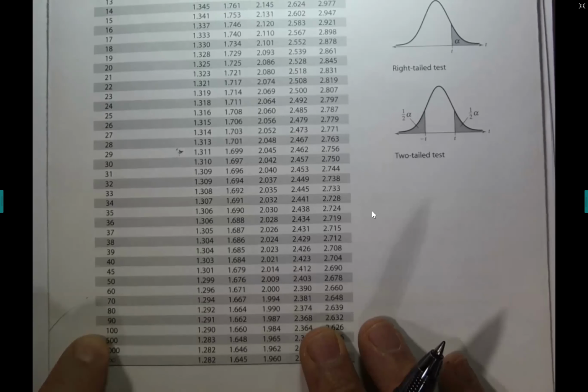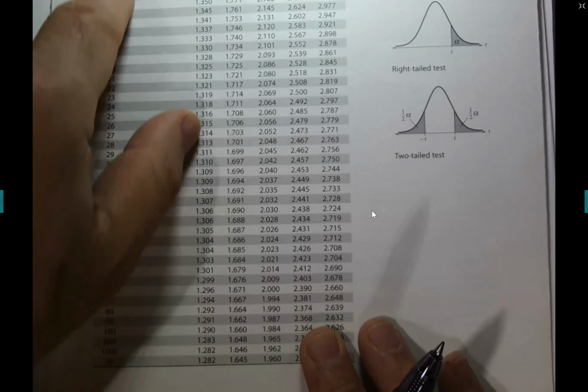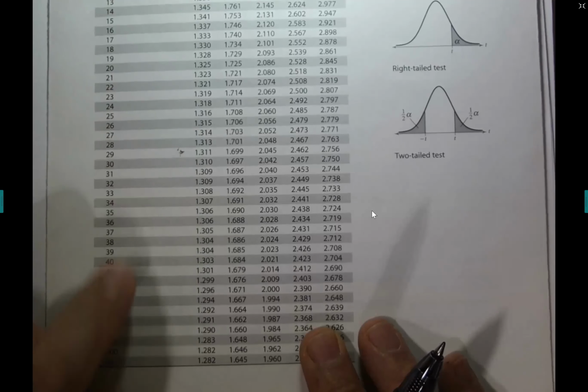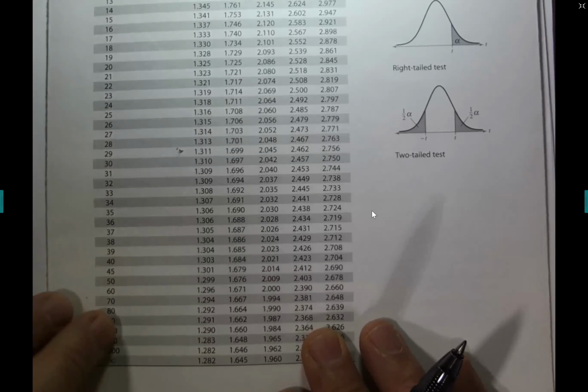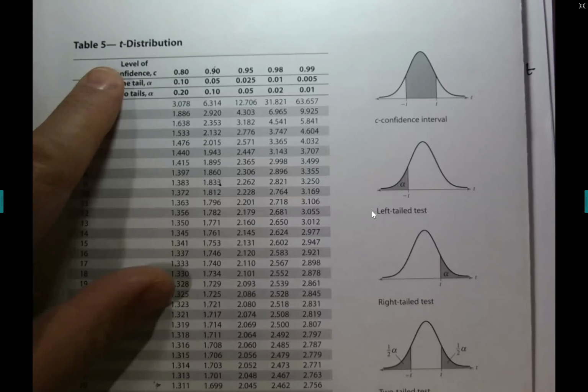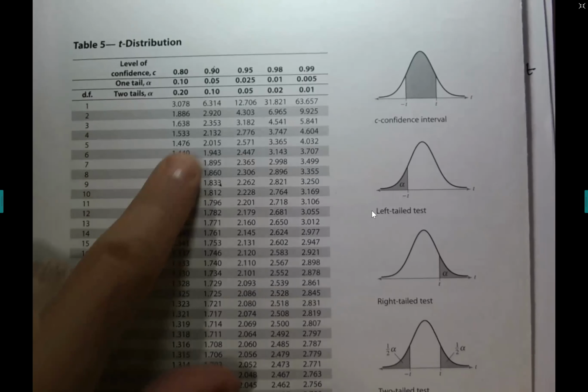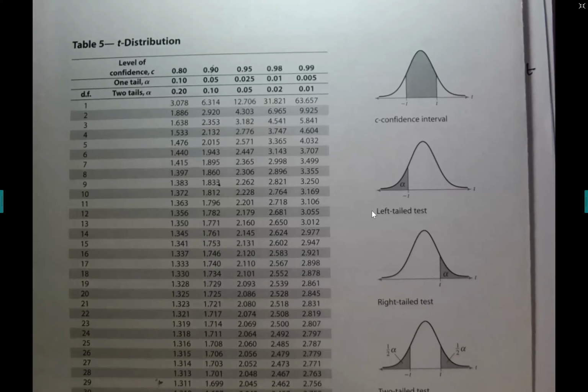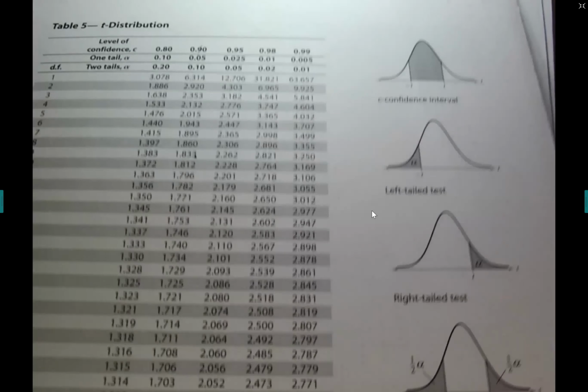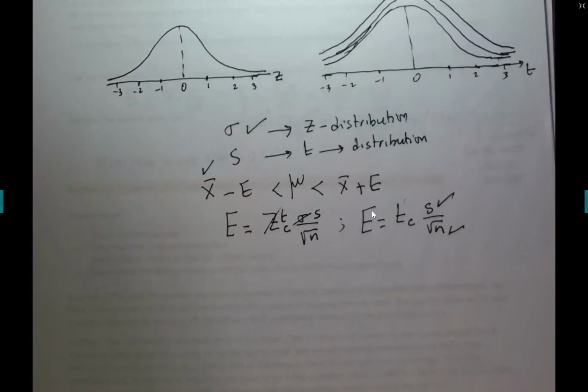So most likely, guys, you'll end up using just the top part of the table to find TC, the critical value, which is called TC. I'm going to show you guys an example and how to do this. And yes, we can use the calculator with this as well.